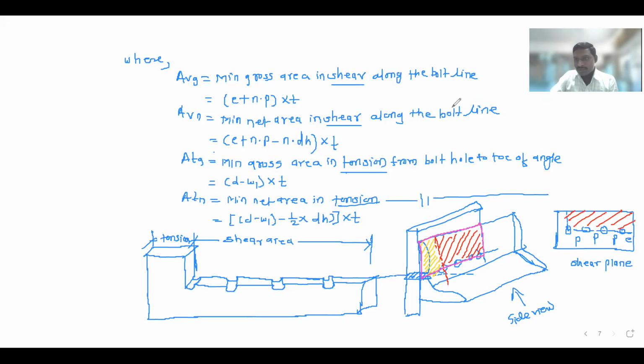See, this is your thickness of angle. So this is T, thickness, and P. Now, see the first formula here. This formula you can see now. This is your shear plane. So E plus this length. Now here L into T is the area.